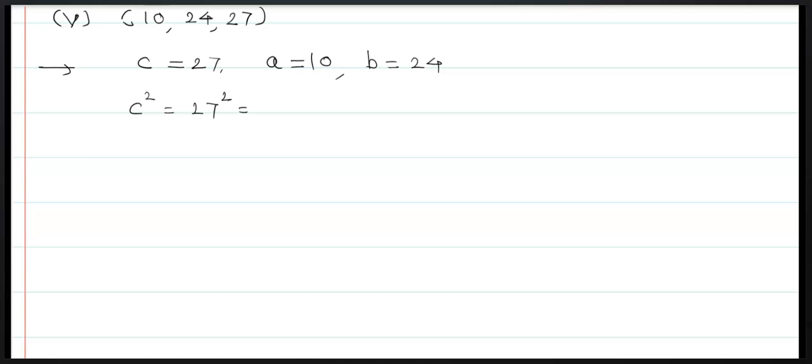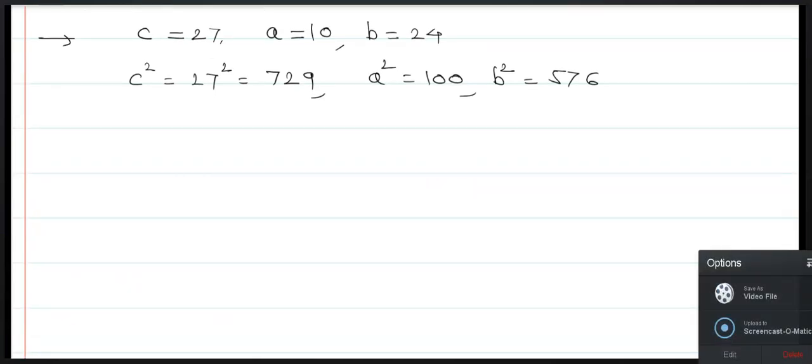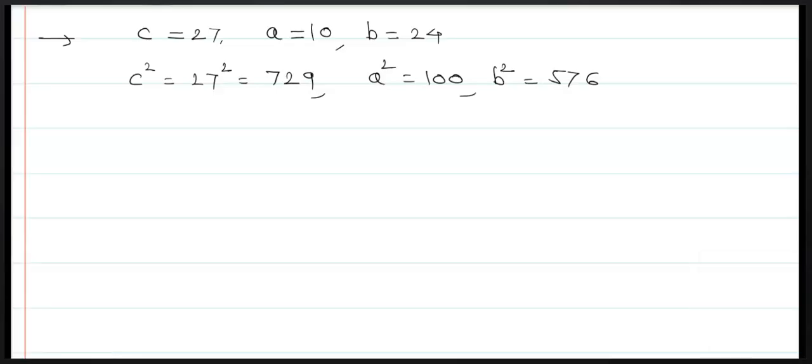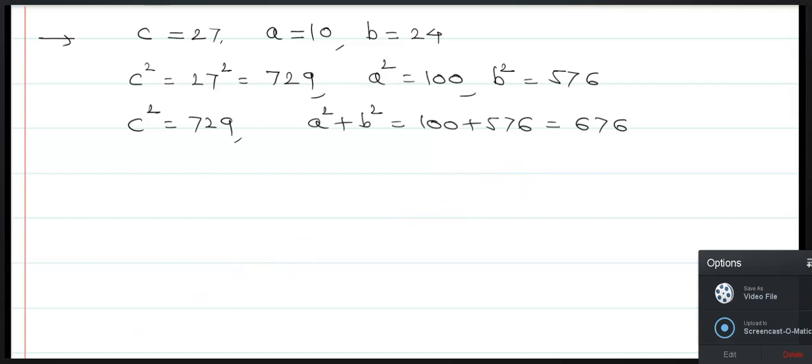C square, that is 27 square, is equal to 729. A square is equal to 100. B square is equal to 576. C square is equal to 729. A square plus B square is equal to 100 plus 576, which is equal to 676.